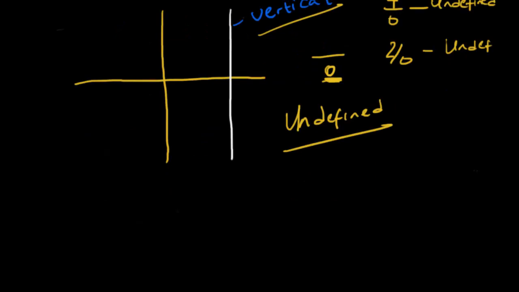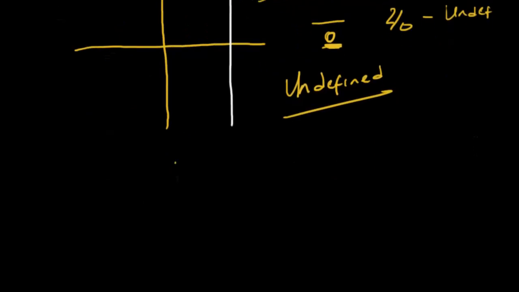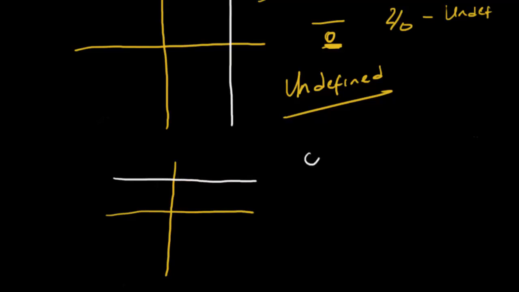Now, you want to ask yourself, what is the slope of a horizontal line? So we have a horizontal line. Now, remember, a horizontal line does not have rise. It only has runs. So it means 0 would be on top. Remember, slope or gradient is rise over runs.